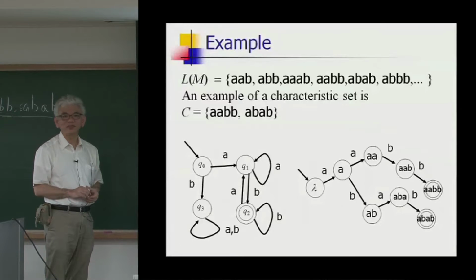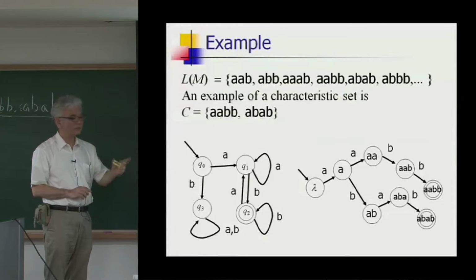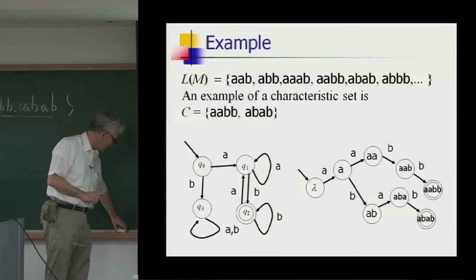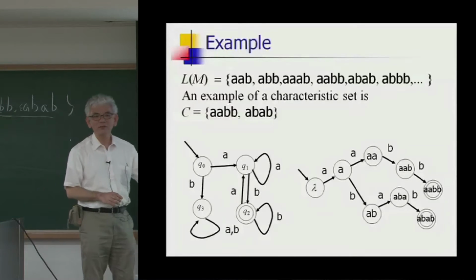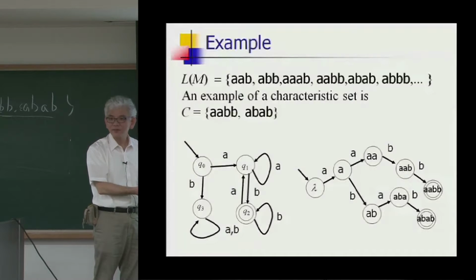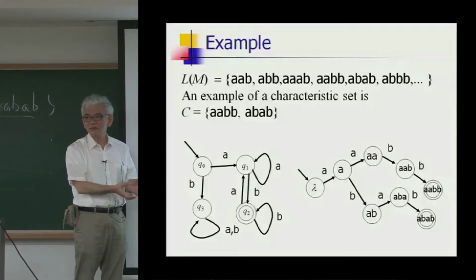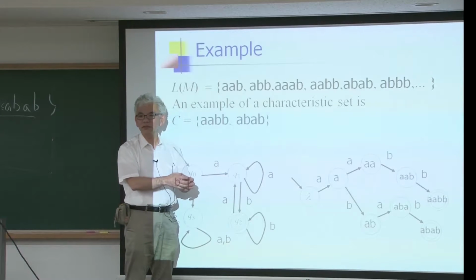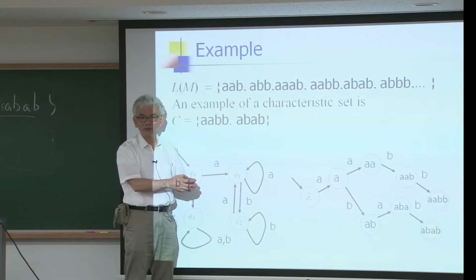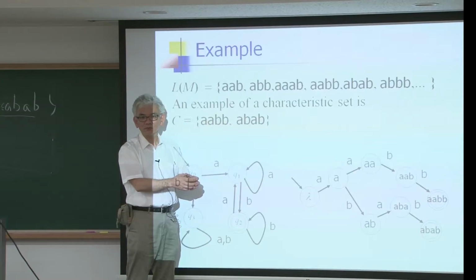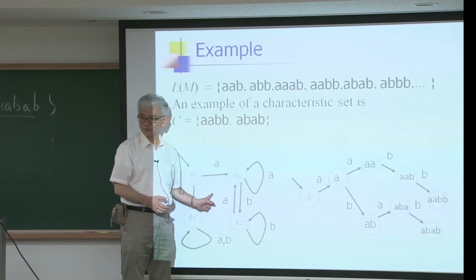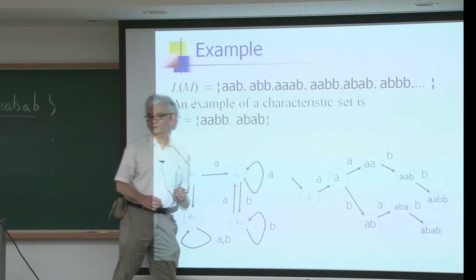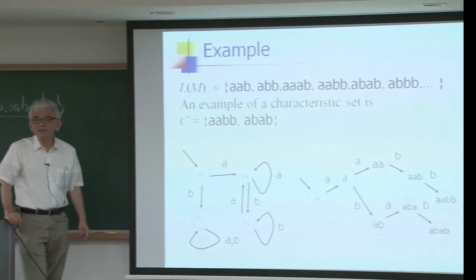Then the goal is very simple. If we merge several states very properly, we have to show that if we merge several states into one in a very appropriate manner, then we get this automaton from this one.